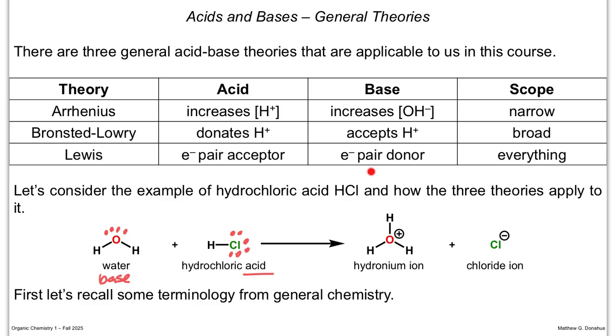In the Lewis sense of the acid-base reaction, the base has to donate a pair of electrons. So one of these lone pairs on oxygen from water is going to abstract that hydrogen. So it's donating a lone pair of electrons. The hydrochloric acid, this bond is going to break between H and Cl, and that Cl is going to accept that pair of electrons.